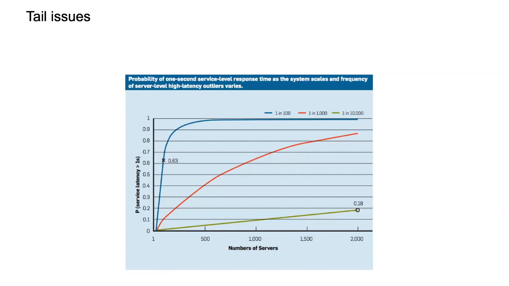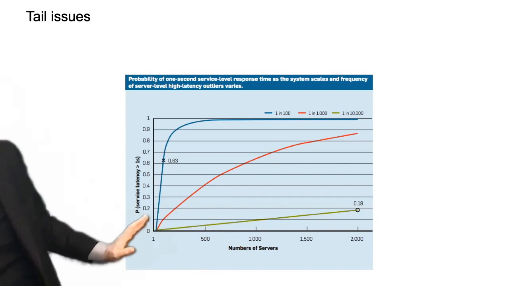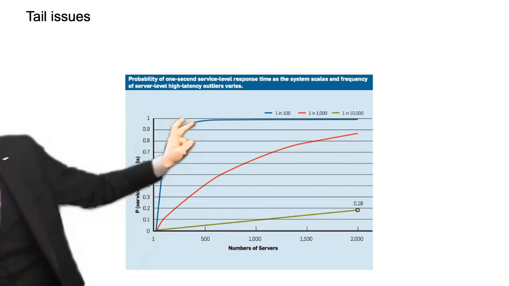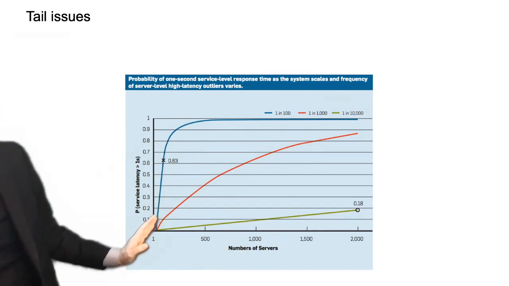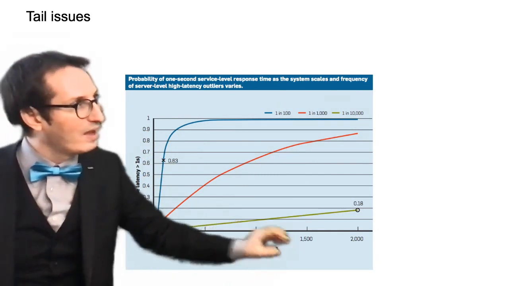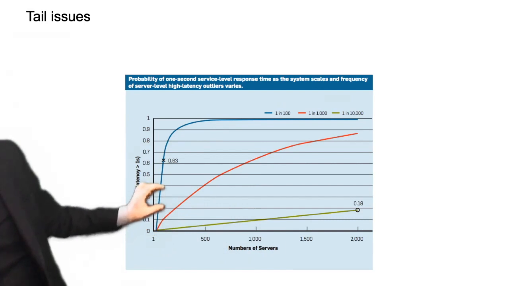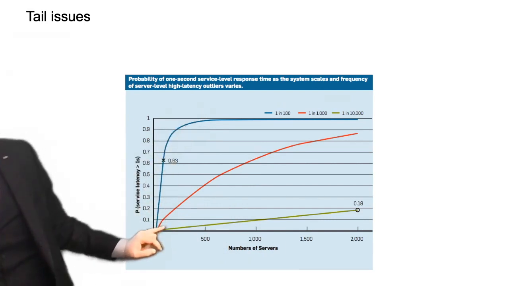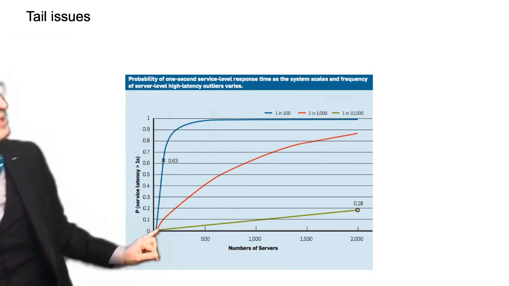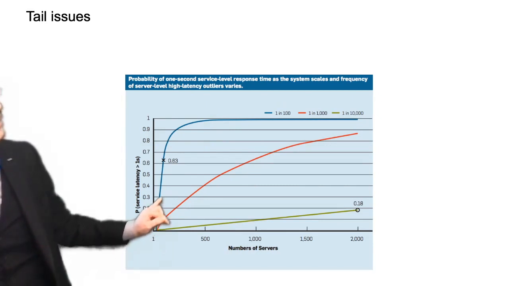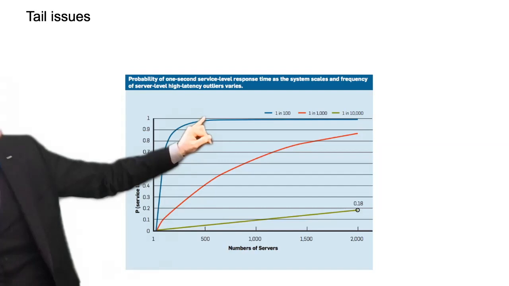These are nice curves that were contributed by, I think it was Jeff Dean in a paper on tail latency. This is if you do the computation with 1% of the machines that take forever. And this is the number of servers. And here it's the probability that it takes more than 1 second. So you see, if you have 1% chance that it takes more than 1 second, then it very quickly goes all the way up to 1, that it takes forever.